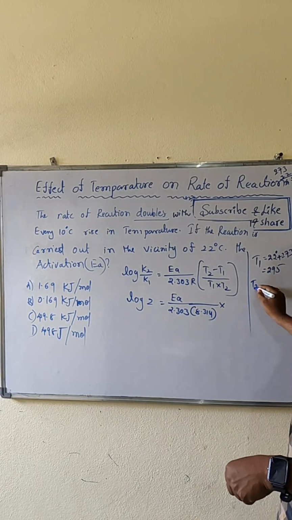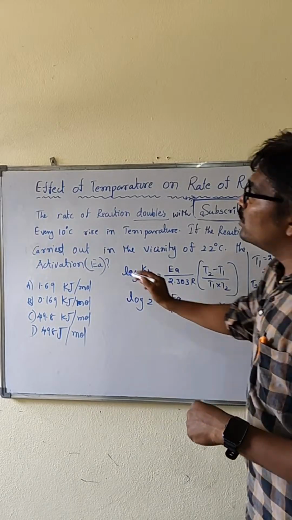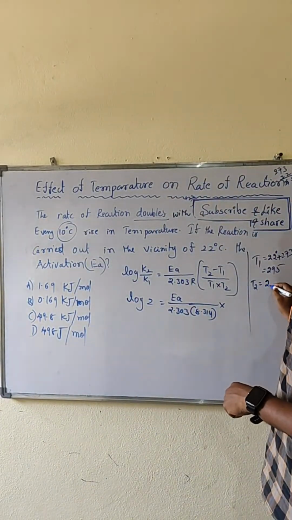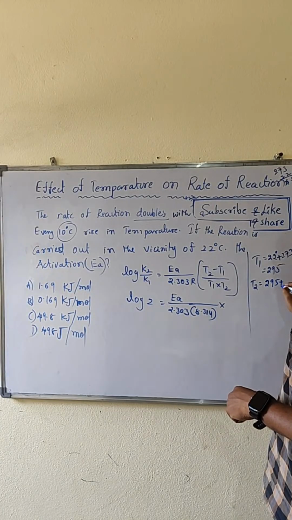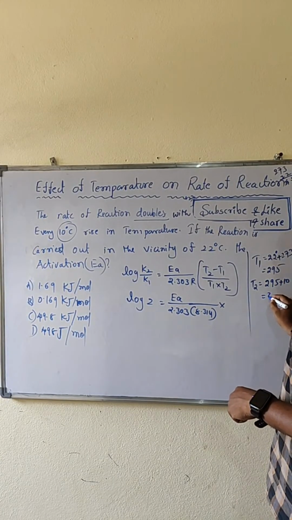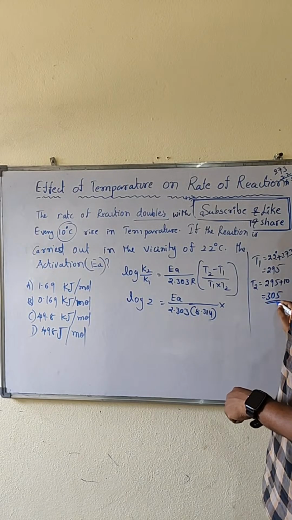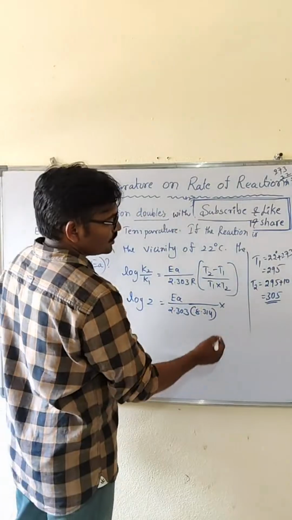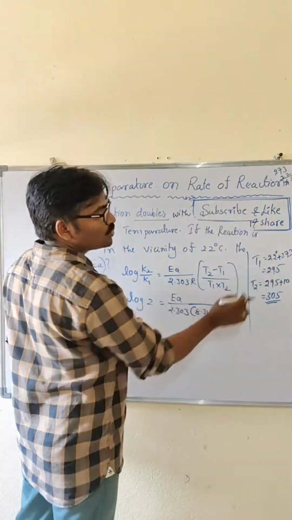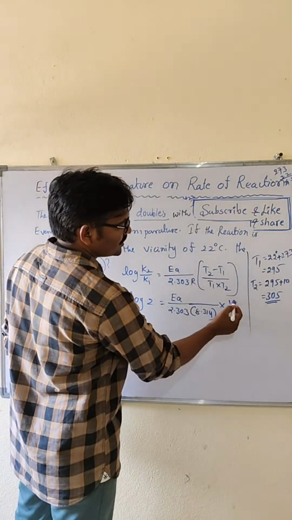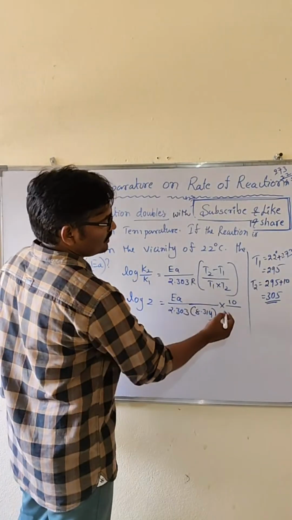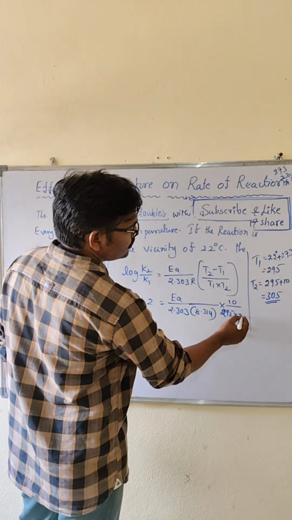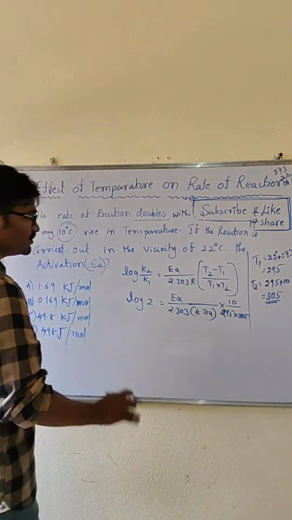Then T2, adding 10 more degrees, is 305. This is T2, that is T1. Clear, understood? So 305 minus 295 is 10, divided by 295 into 305, multiplying both.